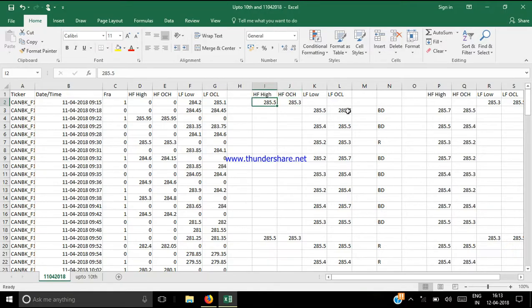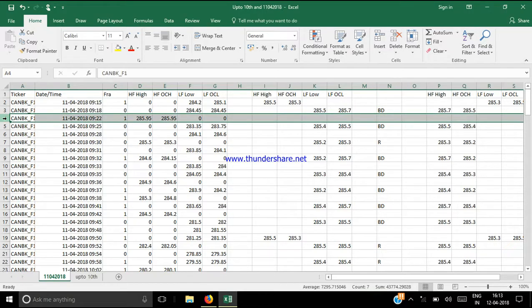In such a case, both the column with these two values and these two values disappear. What I am saying is, this entire column is a column with HF only, and this is a column with LF only.